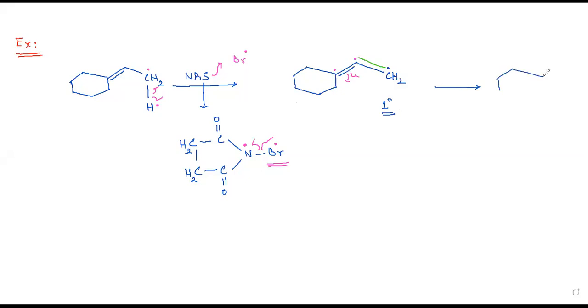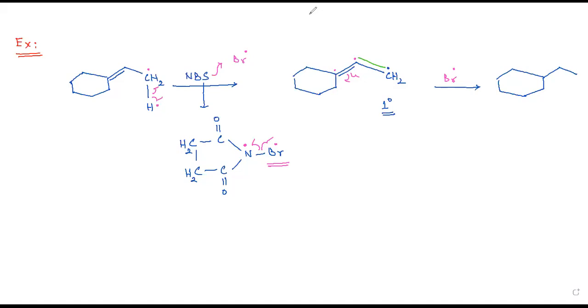We get a 3 degree free radical. Look at this. This is what we have. Now, this 3 degree free radical will go and get connected to the bromine free radical.